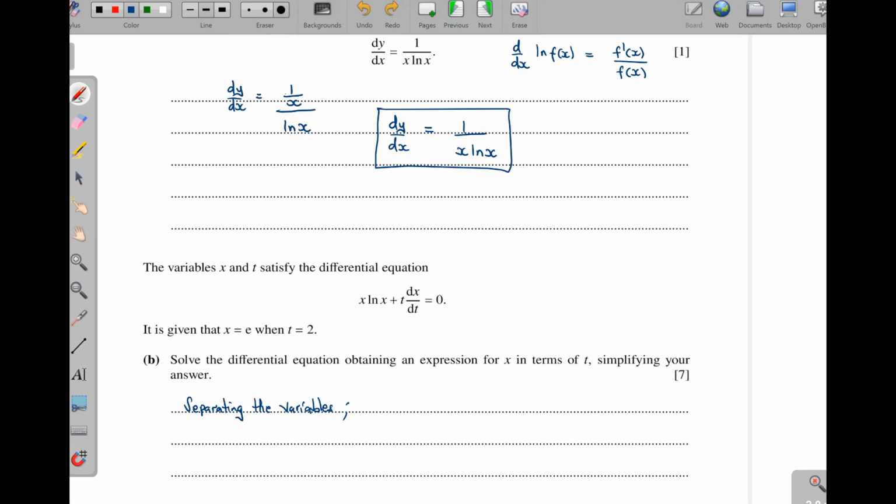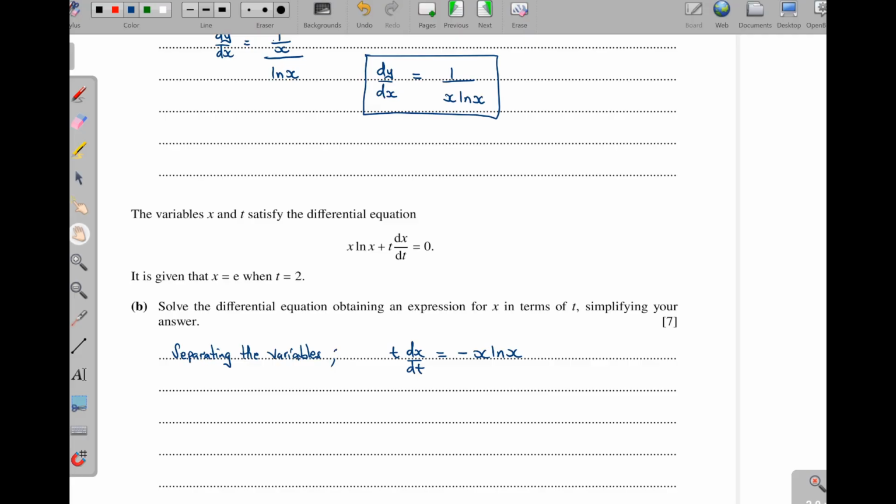Now we need x on one side and then t on one side. So let us first take this on this side. We have t, then dx dt, then this one will be equal to the negative x natural log of x, and then from there we can cross multiply.